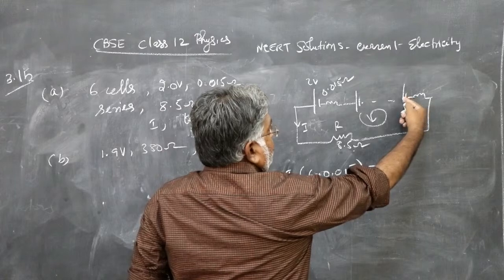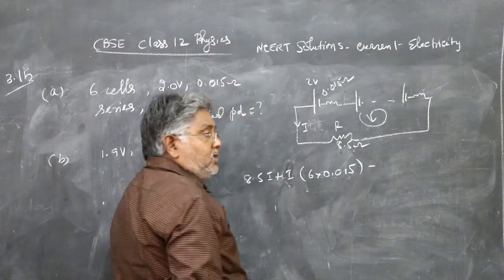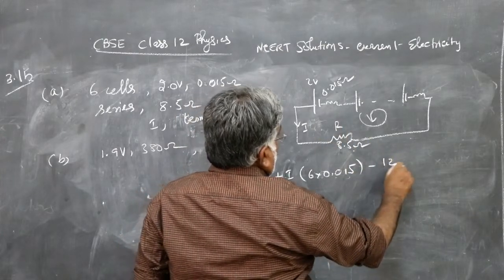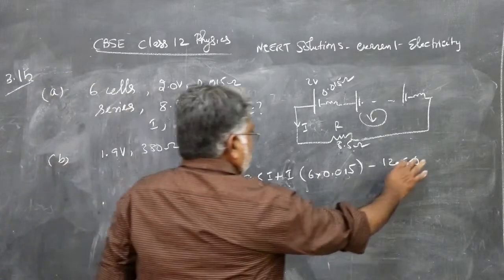Go from negative to positive of the cell, so you take them to be negative, one way of using the convention. 6 cells of 2 volt, so minus 12 equals 0. So we are supposed to find I.